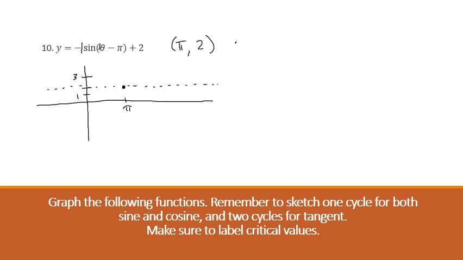Remember, sine has a period of 2 pi, so this is 2 pi over 1. So again, we're going 2 pi in either direction from pi. So if we go 2 pi, we've gone 3 pi. If we go 2 pi this way, we'll be at negative pi. Does that make sense? So that means we're back at 0.